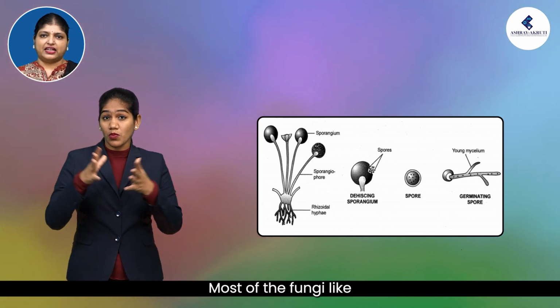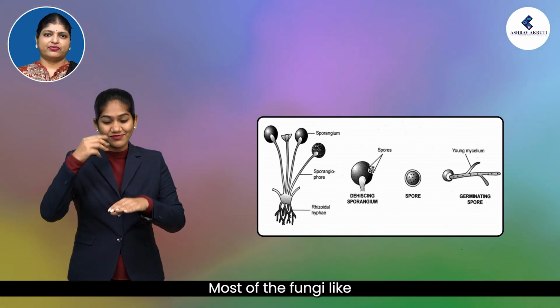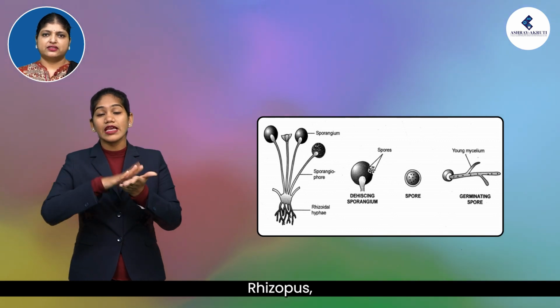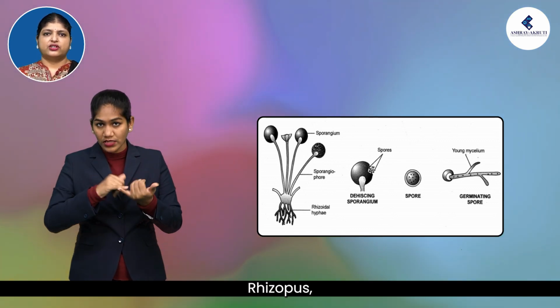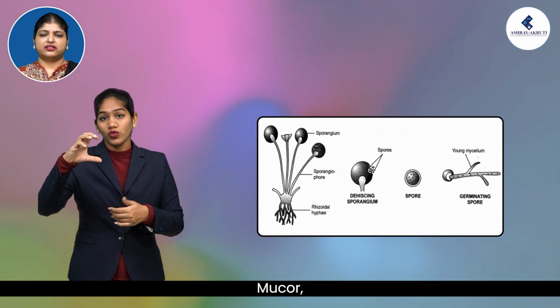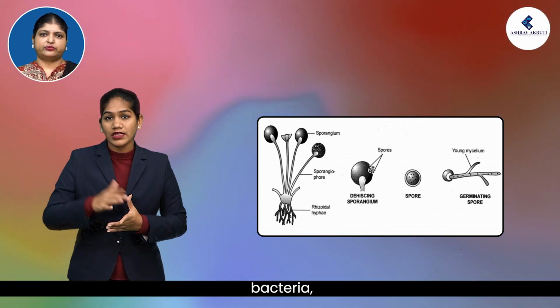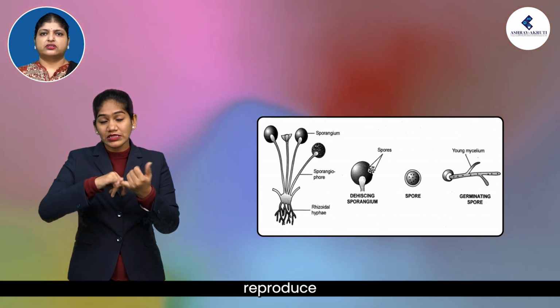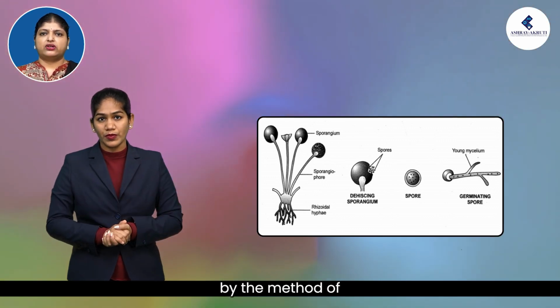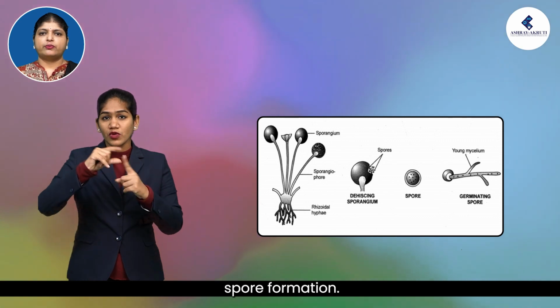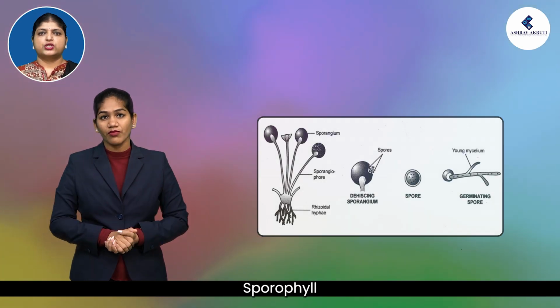Most of the fungi like Rhizopus, Mucor, etc. and bacteria reproduce by the method of spore formation. Sporophyll.